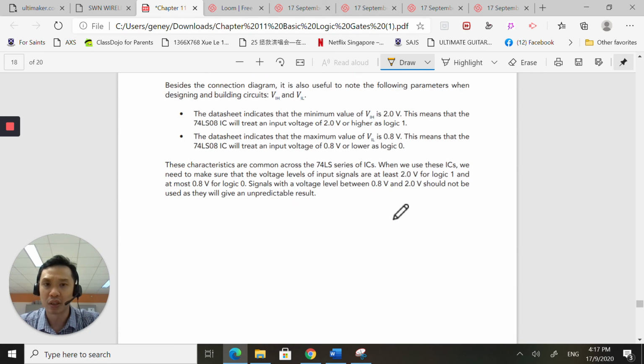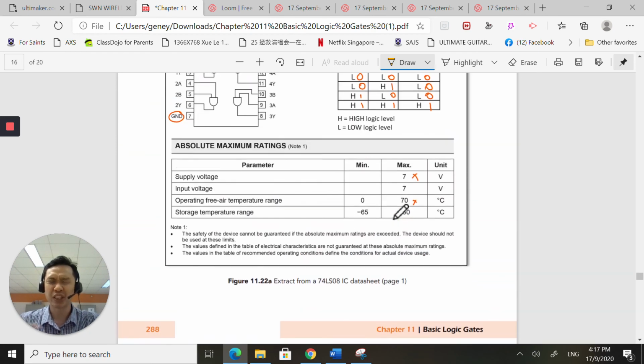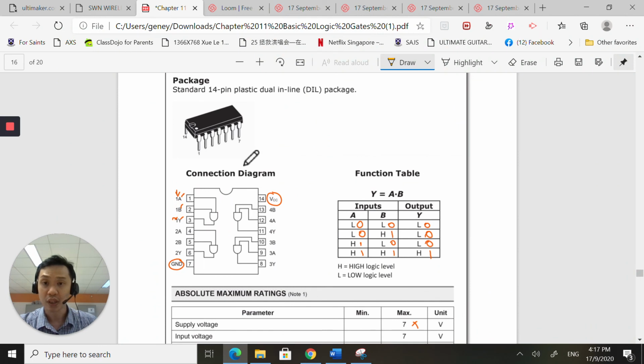Okay, and that is more or less it for data sheets. Just to summarize, make sure that you know the IC chip is where all your gates are residing in. Know how to recognize the notch, and the first pin directly to the left of the notch is your number 1 pin, all the way down to 14 pins. Now, there are some IC chips with 8 legs, but the way to recognize pin 1 is the same.